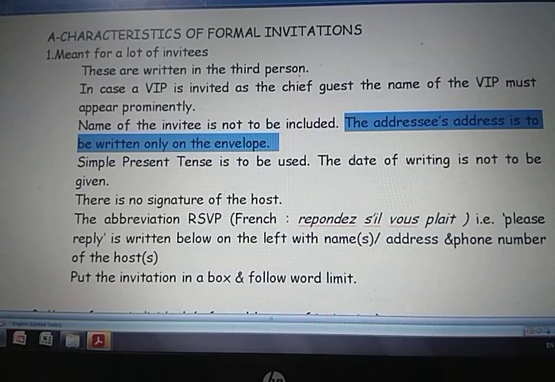Suppose if they face any problem to reach the place, seeing the telephone number, they ring. Understood? So the address, the person who is inviting, that person's address should be written where? On the envelope in which you keep that card.